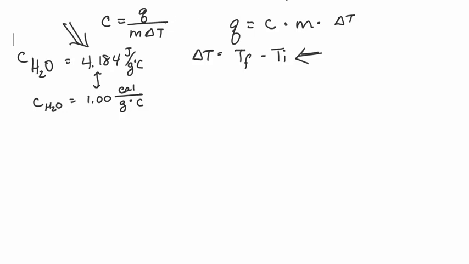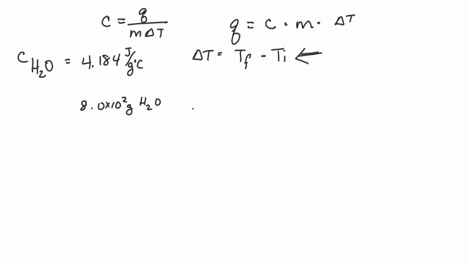So how would we work this? Well, if we have 8.0 times 10 squared grams, so 800 grams, just with appropriate significant figures, of water, and we raise the temperature from 21 degrees Celsius to 85 degrees Celsius.